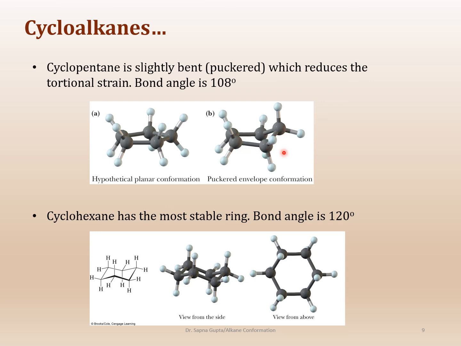The first two rings, cyclopropane and cyclobutane, were planar rings, which means they're completely flat, but cyclopentane is slightly bent, okay, and that's called puckered, but you can call it bent too, okay, that's fine. So it's a slightly angular ring, and so it kind of lends to the stability of the ring also.